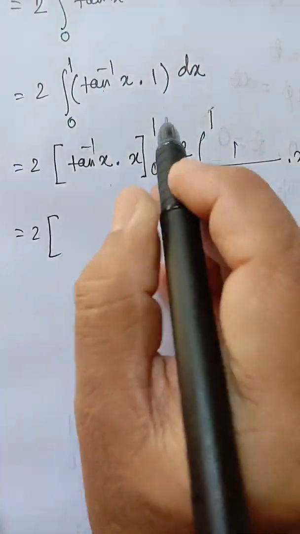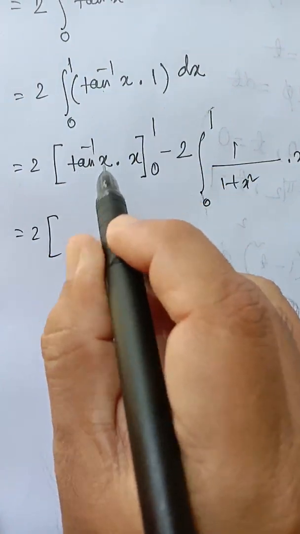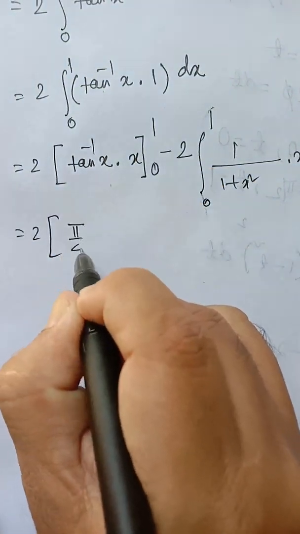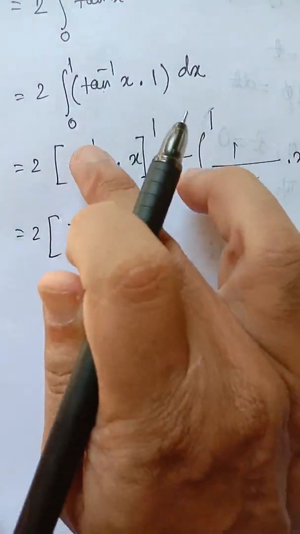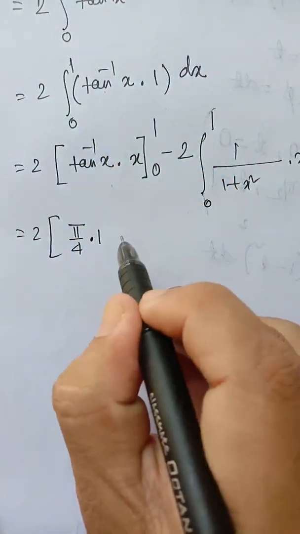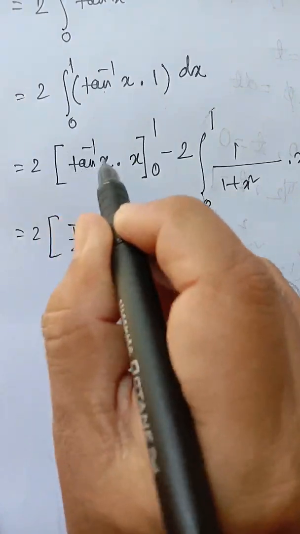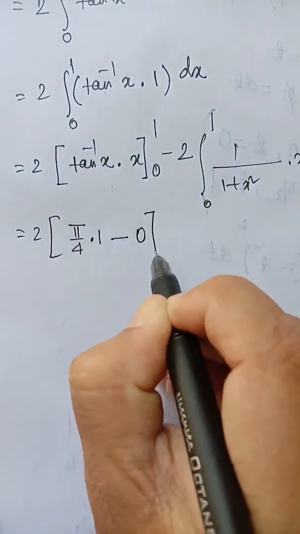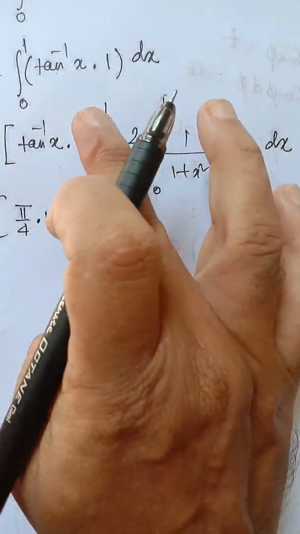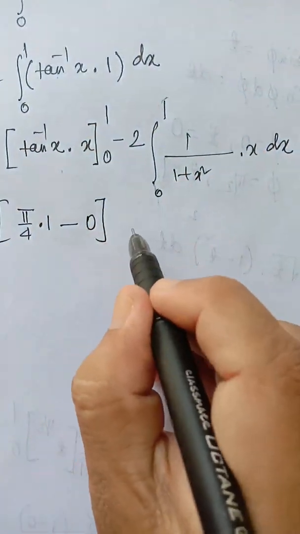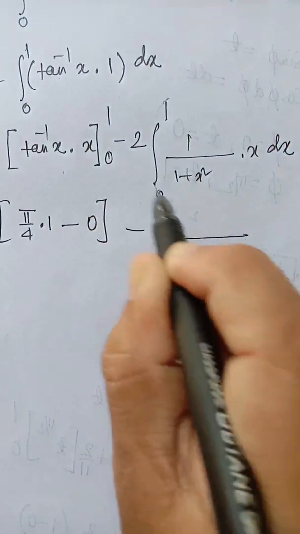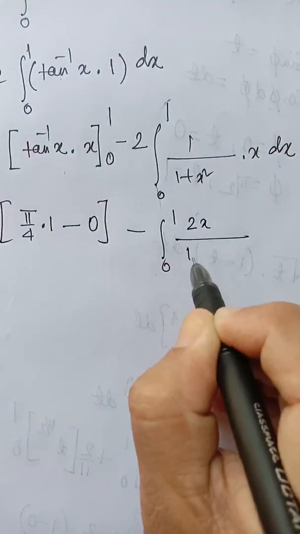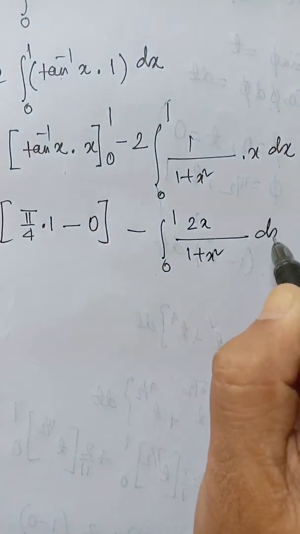Next, if we put x equal to 1, tan inverse of 1 is pi by 4, into 1. Minus, if we put x equal to 0, tan inverse of 0 is 0, and 0 into 0 is 0. Minus, we will write this integral in this way, 2x by 1 plus x square dx.